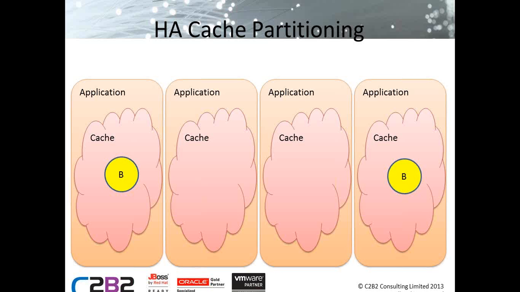So if you have two JVM nodes, Coherence nodes running on the same physical host, then Coherence will ensure the backup's on a different host in case of host failure. It can also be configured so that the backup is on a different server rack in the data center, to give you high availability against a rack failure, for instance.